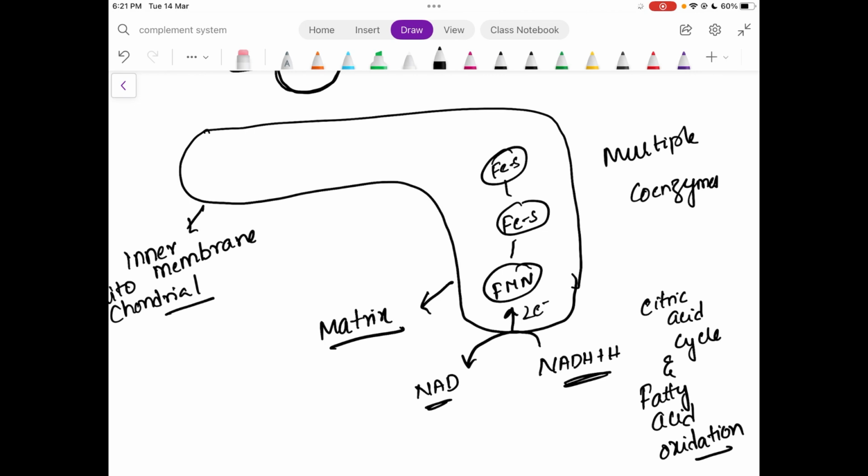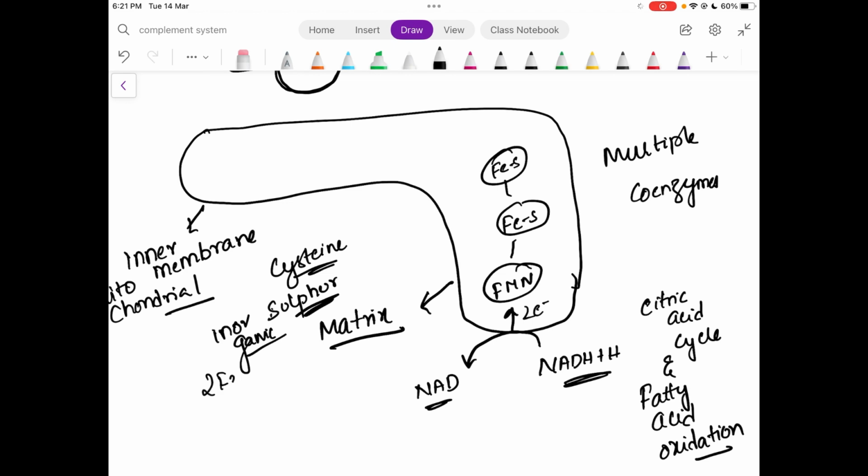Iron sulfur clusters. 1 iron is occupied by 4 sulfur atoms. Cysteine will participate in this iron sulfur cluster. And inorganic sulfurs also participate in iron sulfur clusters.